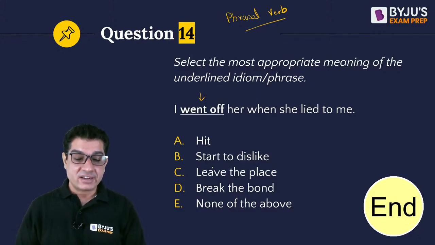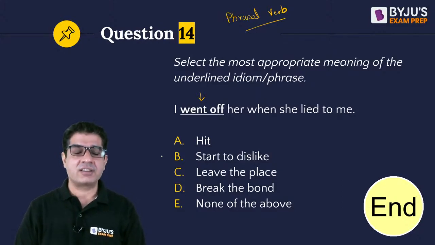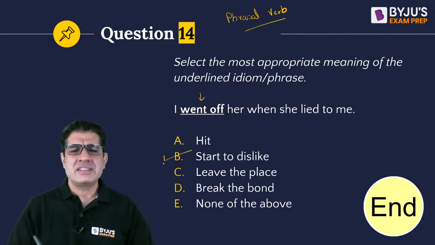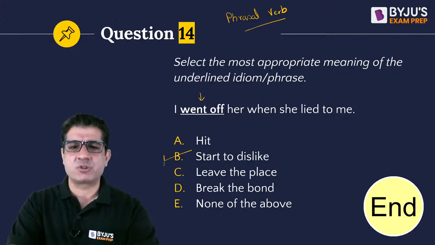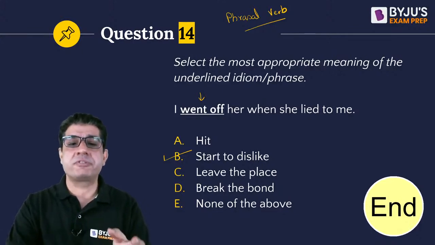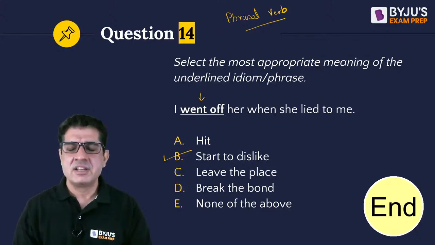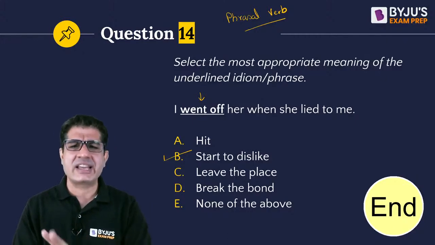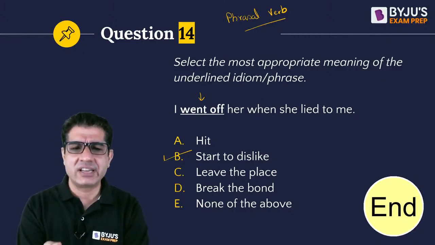Okay, guys, the correct answer here in this context will be B. That's going to be the best answer, so to say. So, "went off" is the past form of the phrasal verb "go off". Go off has a lot of different meanings. One of the meanings of go off is to blast. But in the given context, the closest that you have is dislike.